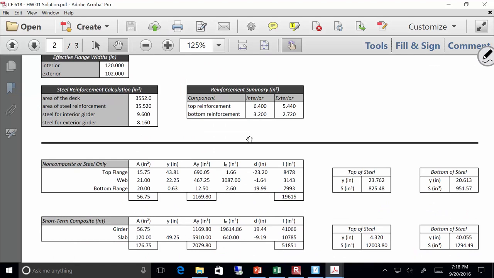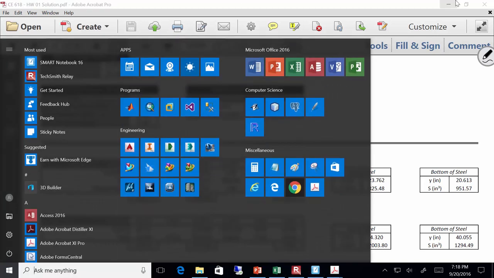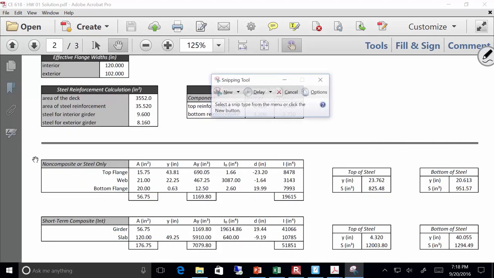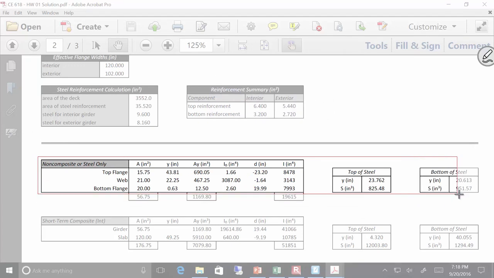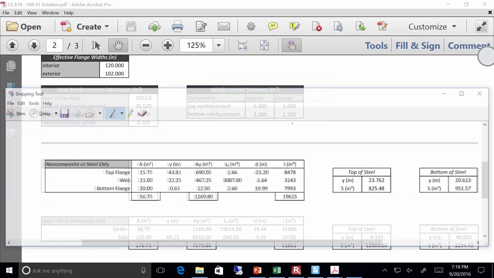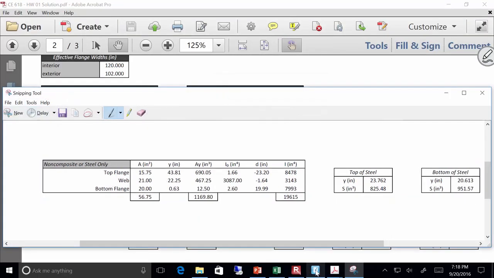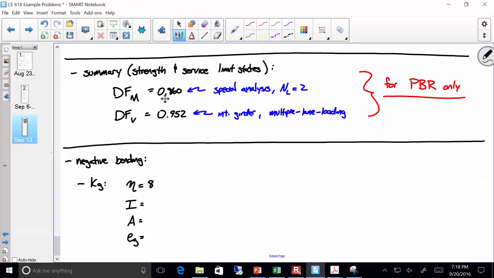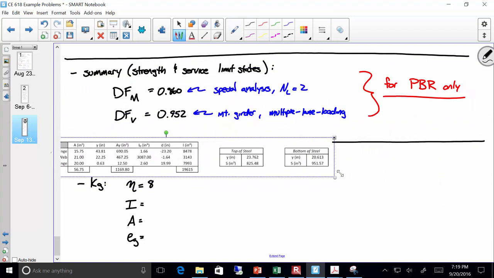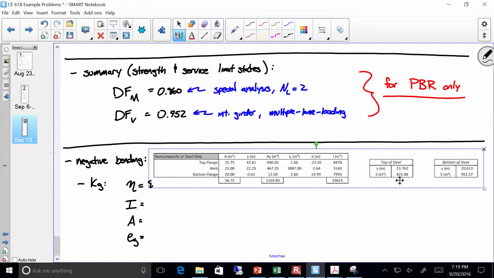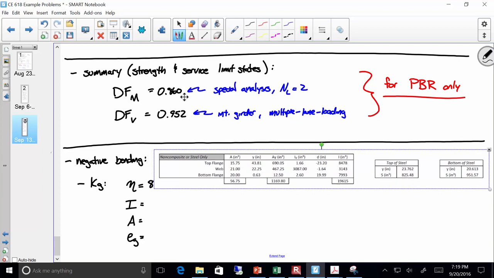So let me screen capture this. Oh, there we go. Make that a little smaller. I think that's good enough.